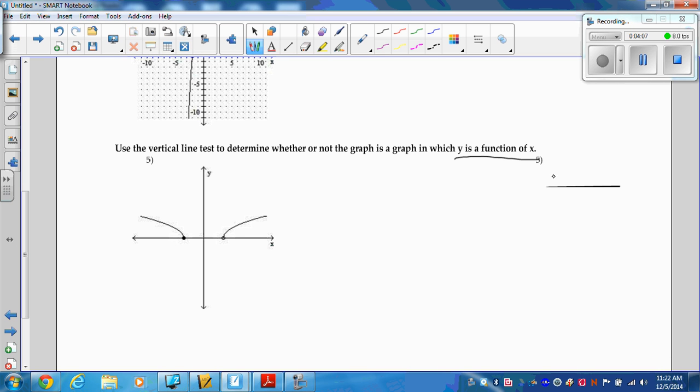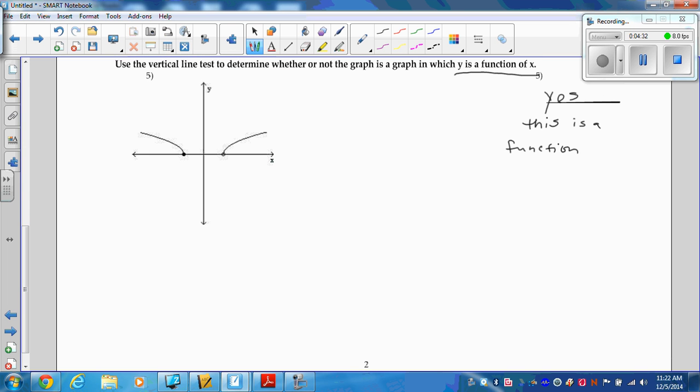So the answer to this question is yes, this is a function of y.